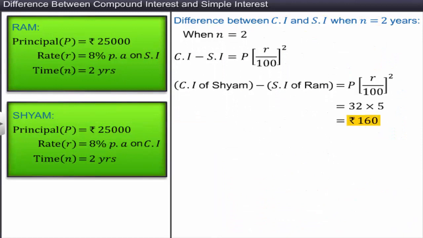It is equal to 160 rupees. Thus Shyam earned 160 rupees more interest than Ram.